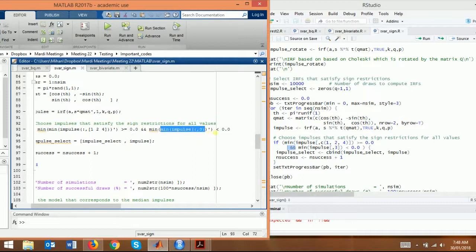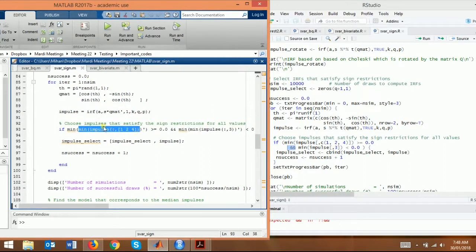So we are taking the minimum of this impulse and taking the minimum of those minimums. If they are greater or less than, then we have impulse select and impulse.